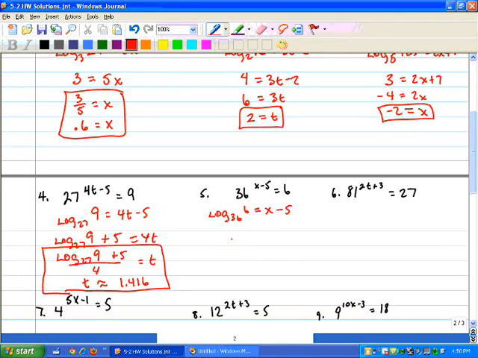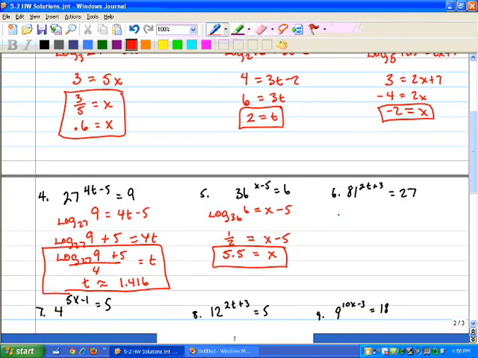So log base 36 of 6 is the same as 1/2 or 0.5. To solve this, we add 5 to both sides, and we'll get 5.5 or 11/2 as the exact answer and the decimal approximation.